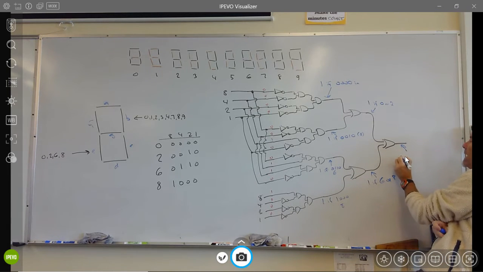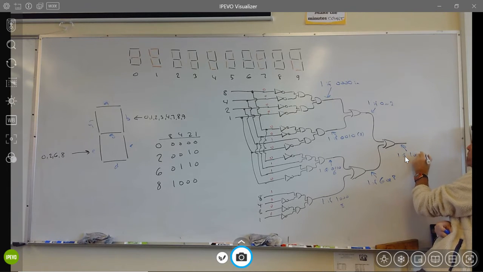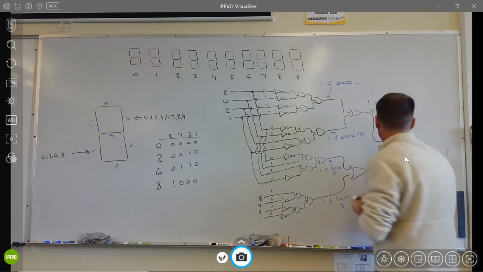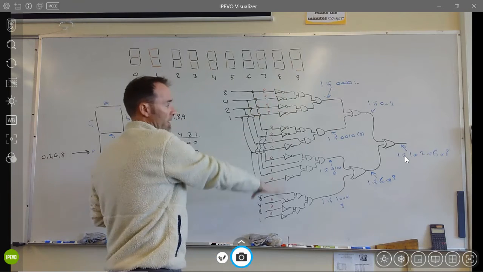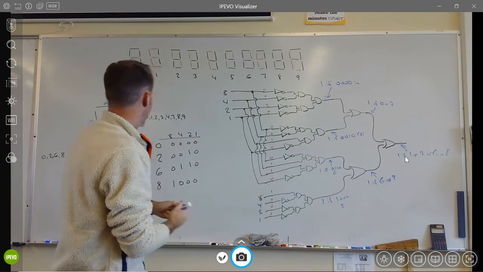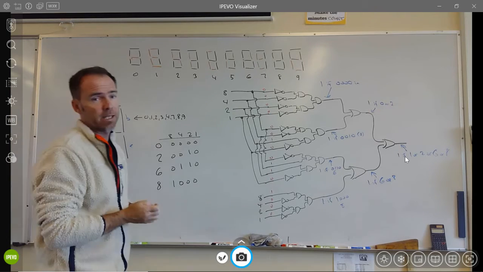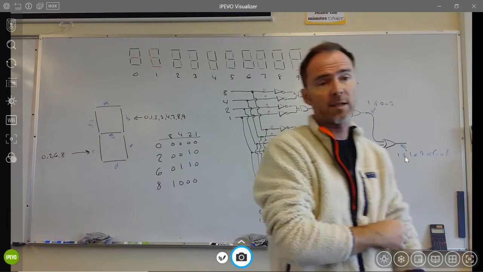And on this guy, I have a 1 if 0 or 2 or 6 or 8. So now this circuit right here will control that this one segment, the E segment, lights up at the correct time.